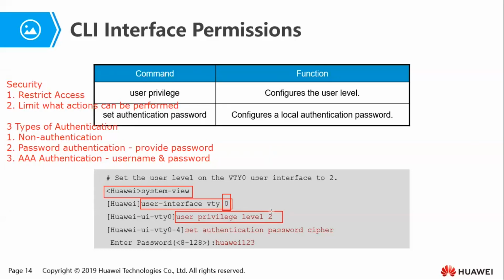Level 2 is the configuration level, I think. This user can only do a number of things that are possible within that particular privilege level. In this case, we are using password authentication, so we use set authentication password cipher. That's the keyword we use. Then it provides a prompt where we can type the password, for example, Huawei 123.